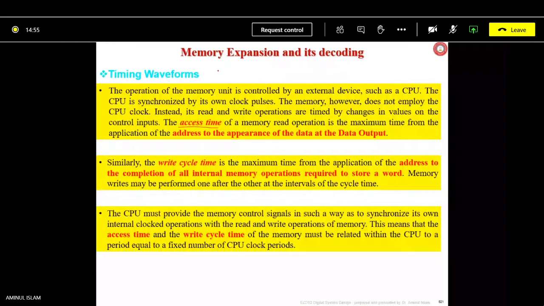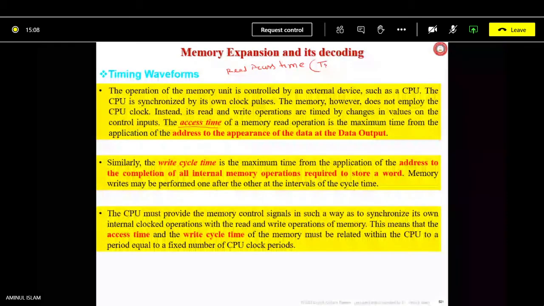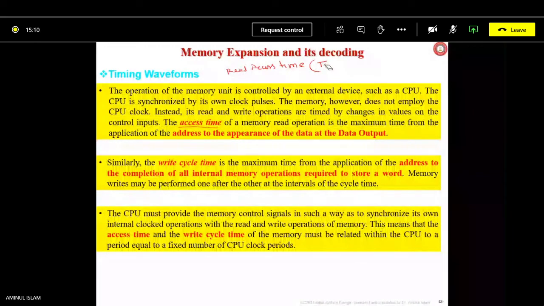In our research terminology we call it read access time, denoted TRA. For the write operation, we use write access time, TWA. Whatever terminology is used, you go with that.